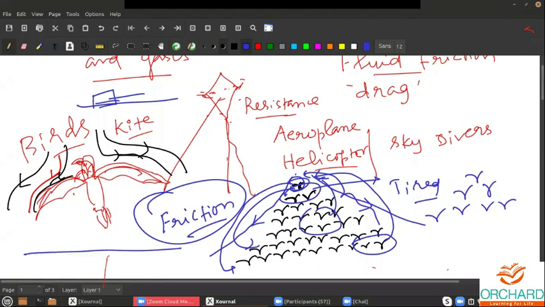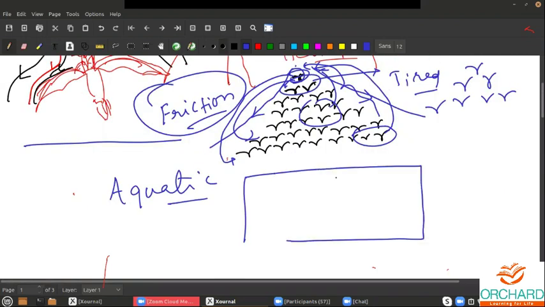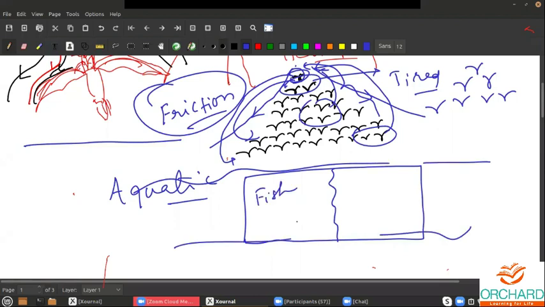Okay, so you just compare this. So this is a water body, say for example a river. There is a river, and there are so many fishes, tortoise, and crocodiles. So they are moving inside the water.